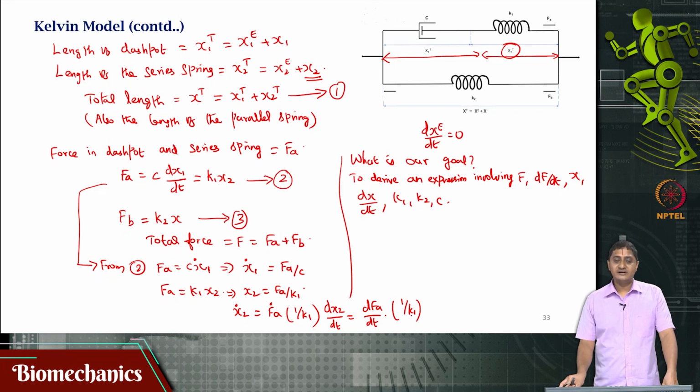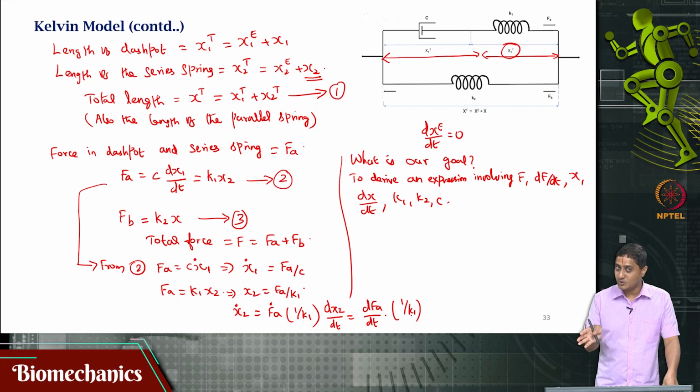Now, let us reiterate our goals. Our goal is to have an expression between F and x involving only k1, k2, c, dF by dt and dx by dt, but not Fa, Fb, x1, x2. k1 and k2 are okay, but x1, x2, Fa, Fb are not okay. This is our goal, remember.